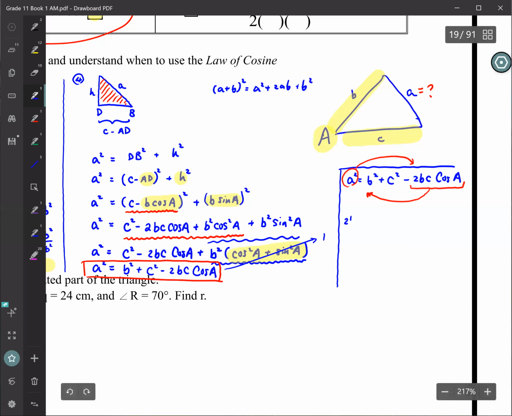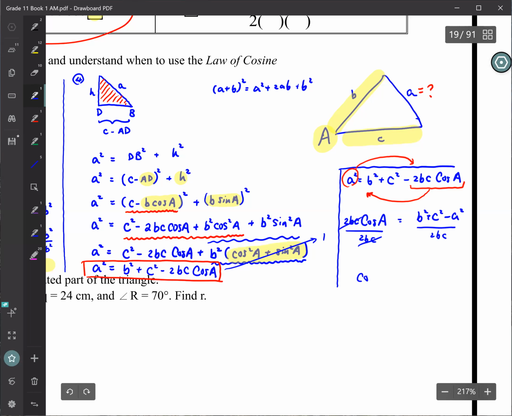So you will get 2bc cosine A, and b squared plus c squared minus a squared. They just swap place, and then both sides are divided by 2bc. So 2bc will cancel out.